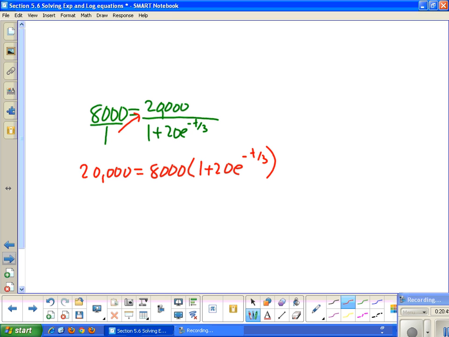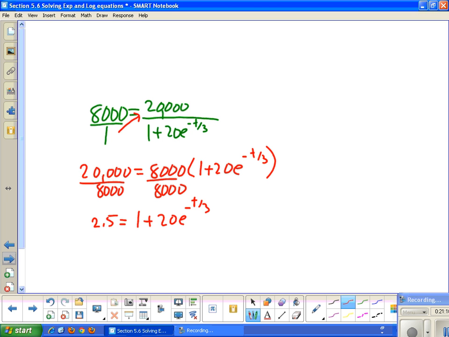So now when I go ahead and solve this, I would divide both sides by 8,000 first. When I divide by 8,000, I get 2.5 equals 1 plus 20e to the negative t over 3.